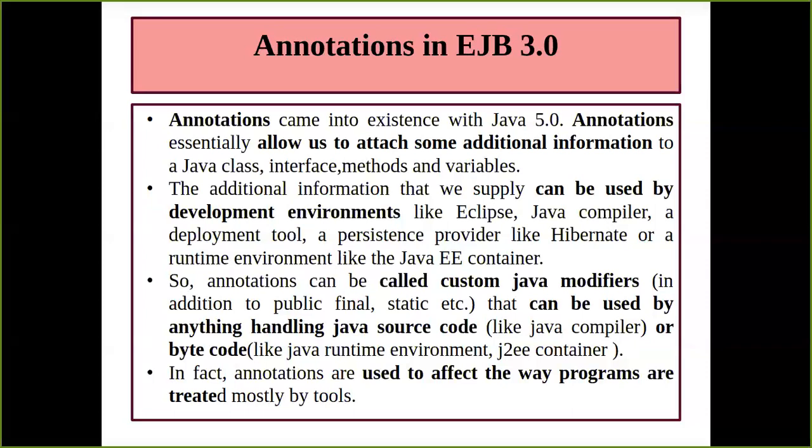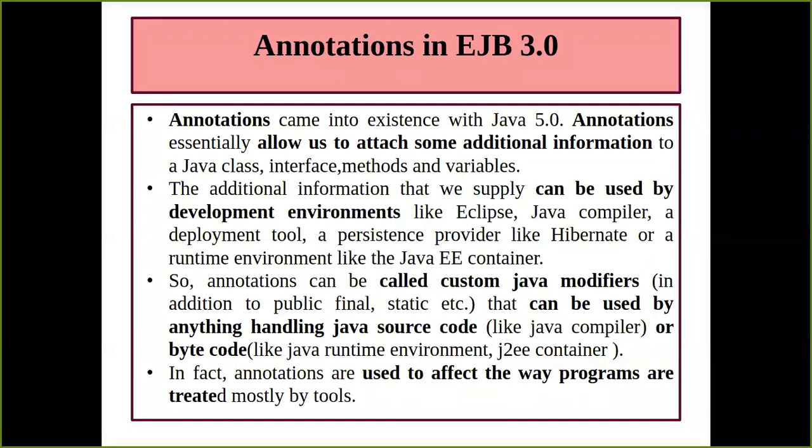EJB is a technology which existed in previous versions of Java, but EJB 3 was introduced in JDK 5. So annotation was a part of EJB 3, and it came into existence in Java version 5.